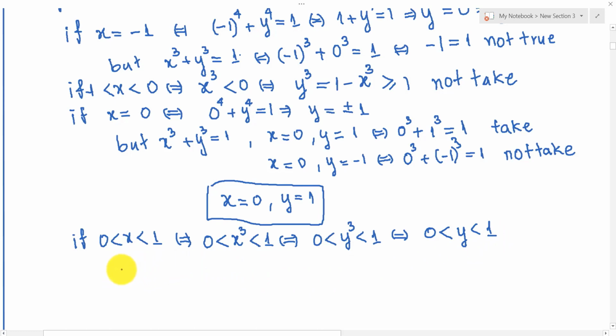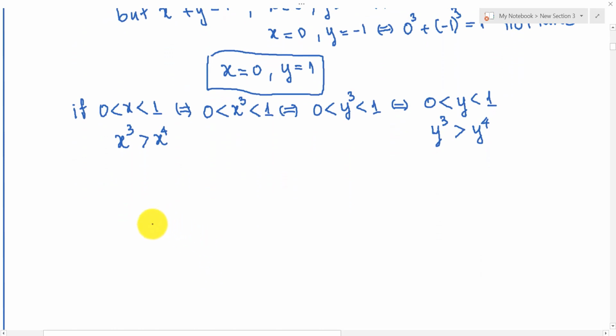Okay, we get x^3 is bigger than x^4, because if x is bigger than 0 and smaller than 1, we get x^3 is bigger than x^4. And with 0 smaller than y and y smaller than 1, we get y^3 is bigger than y^4.